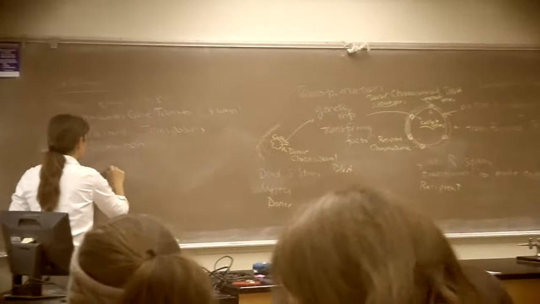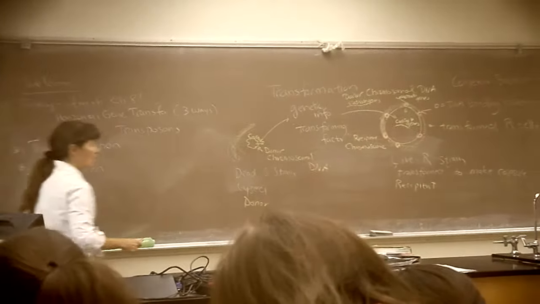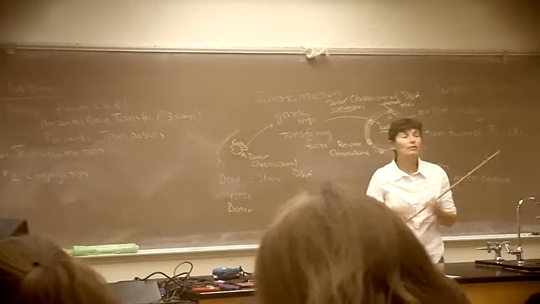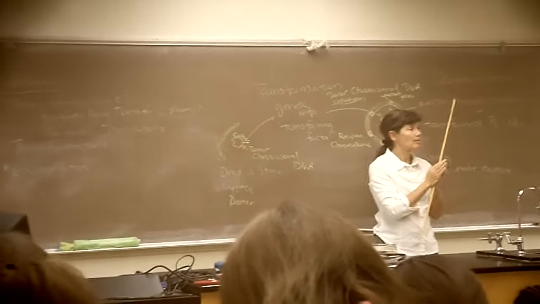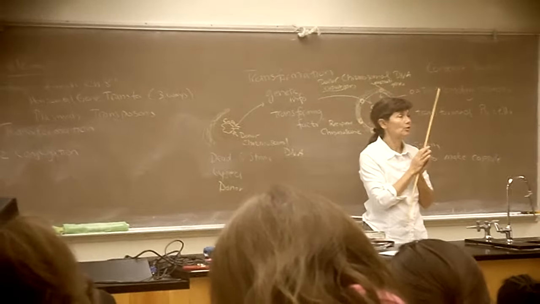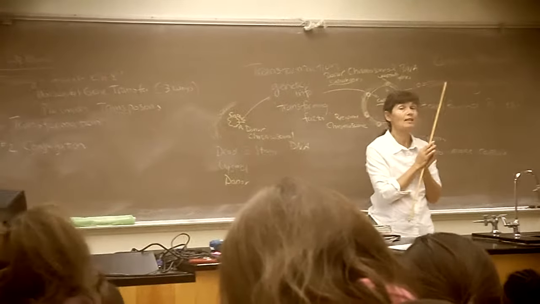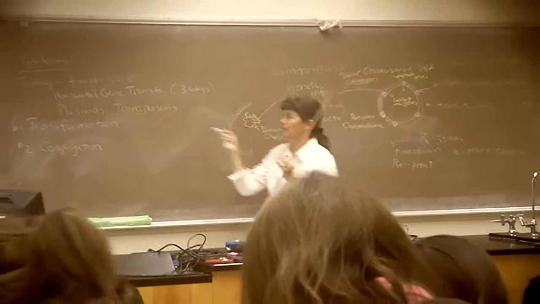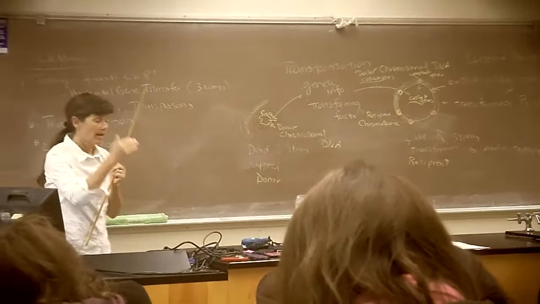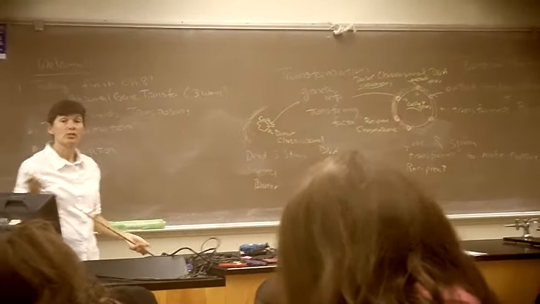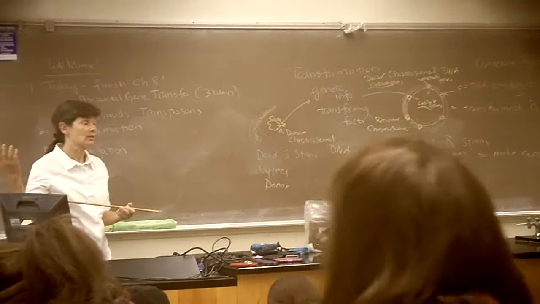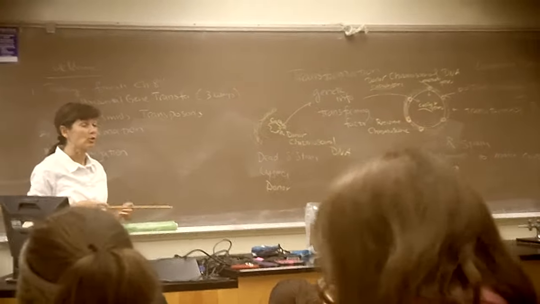And in conjugation the donor is alive, right? In transformation, the donor was dead. And in the third example of horizontal gene transfer, transduction, we'll also see the donor is dead. So this is the only time where we see a living donor.